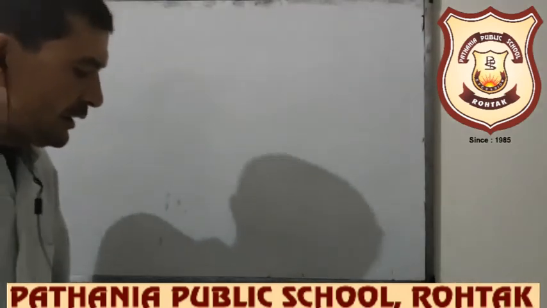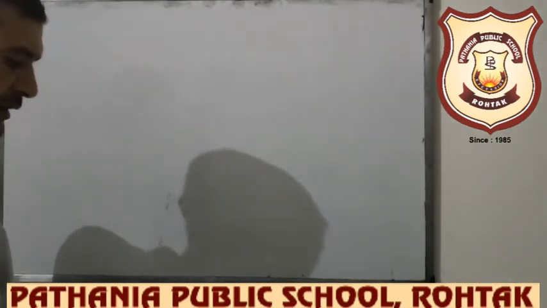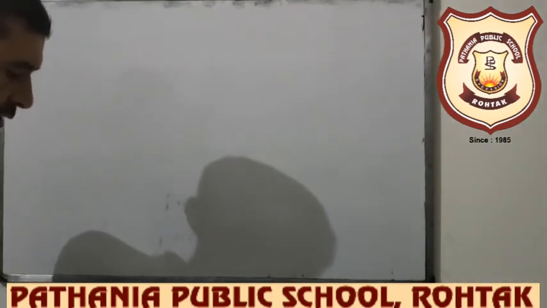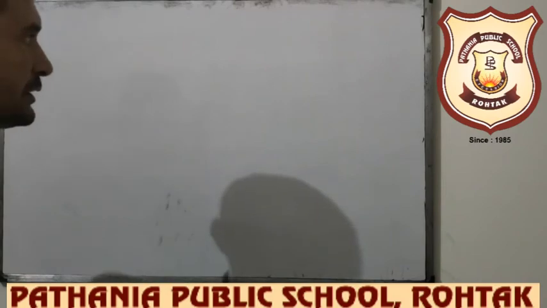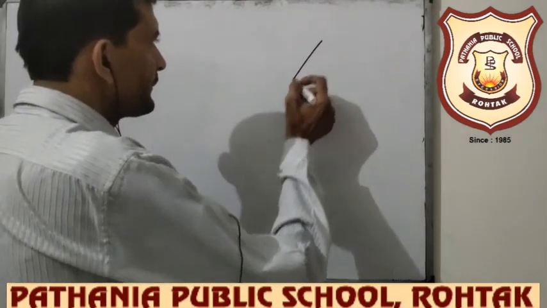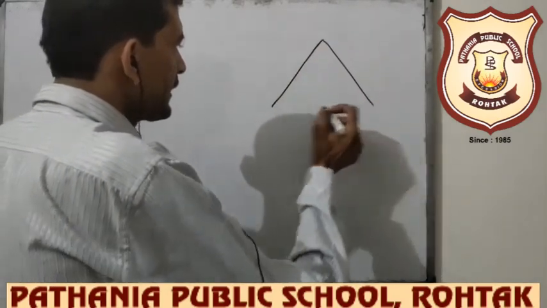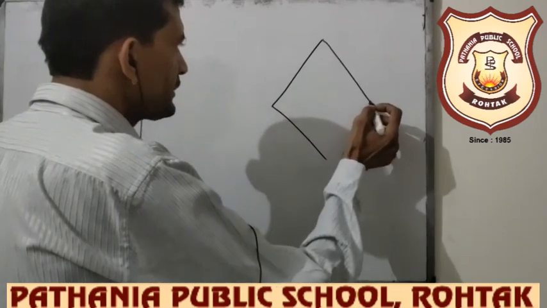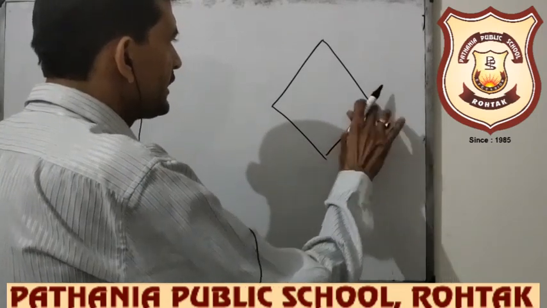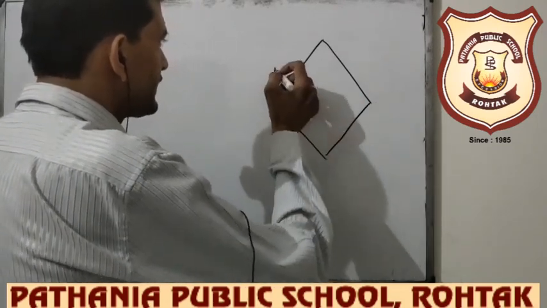In this question, the side and one of the diagonals of the rhombus is given as 10 centimeter and 16 centimeter. One rhombus is given like this. In a rhombus, all the sides are equal and diagonals bisect each other.